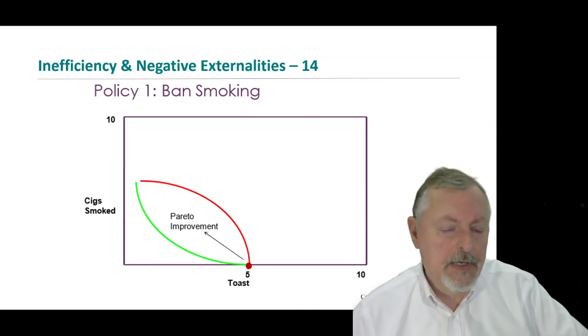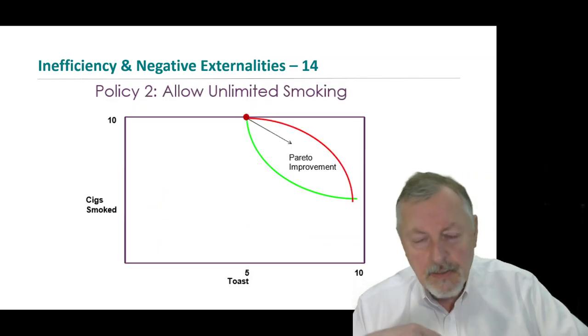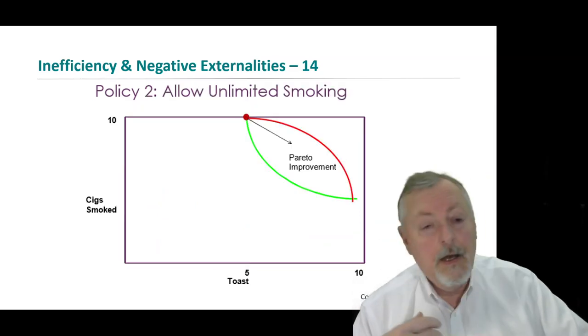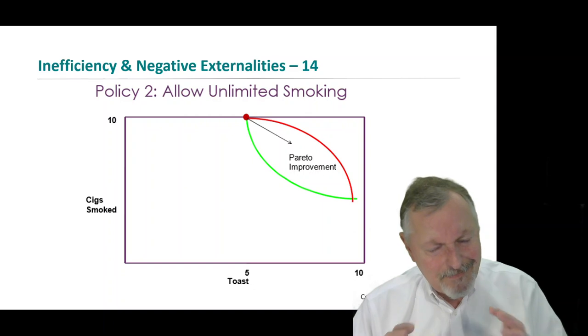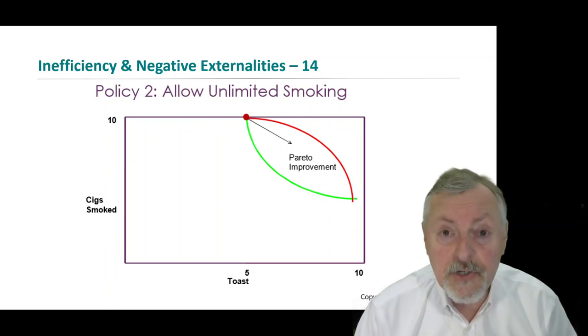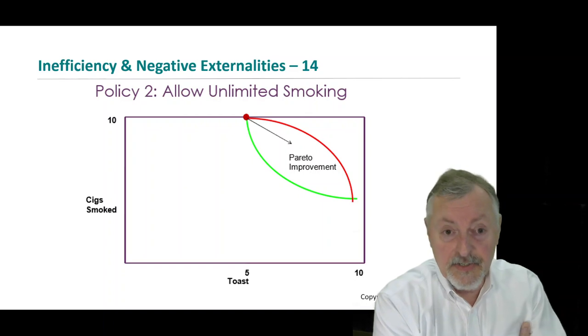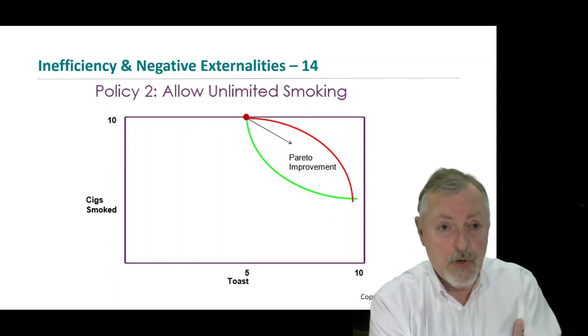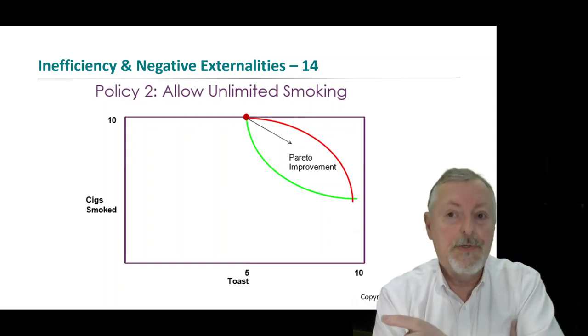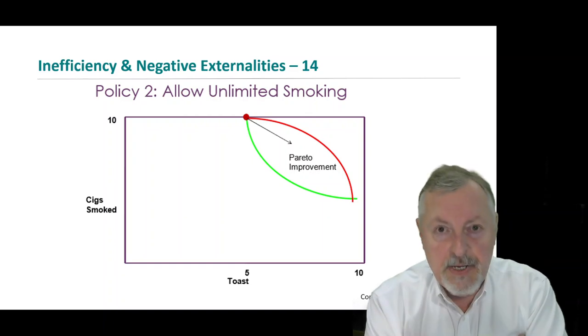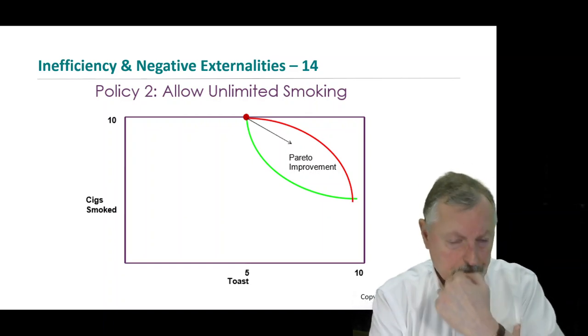Let's look at the opposite case. Allow unlimited smoking. This is a little less real world, but imagine it's against the law, instead of being against the law to buy the right to smoke, let's say it's against the law to pay people not to smoke.